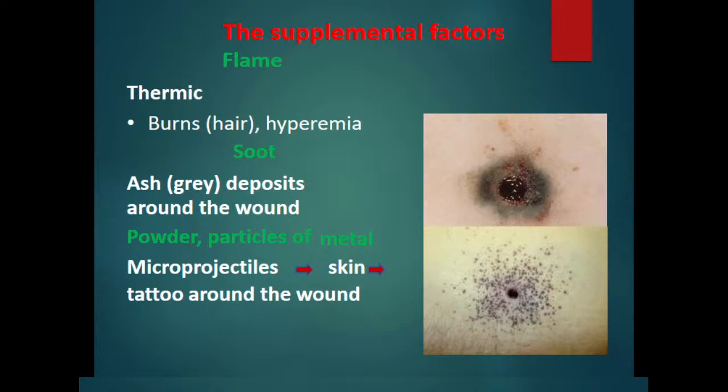And particles of metal and grains of gunpowder could be seen on the skin and within the skin around the central bullet wound, as in the bottom picture. Over here we see so-called tattooing, an imprint on the skin of gunpowder grains and particles of metal.